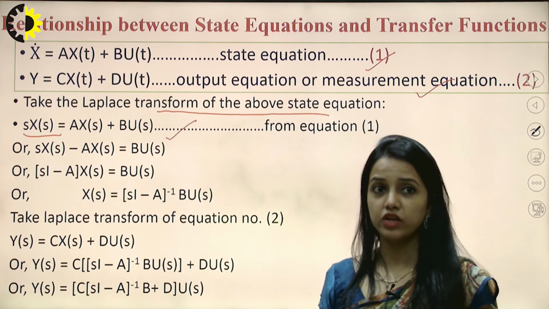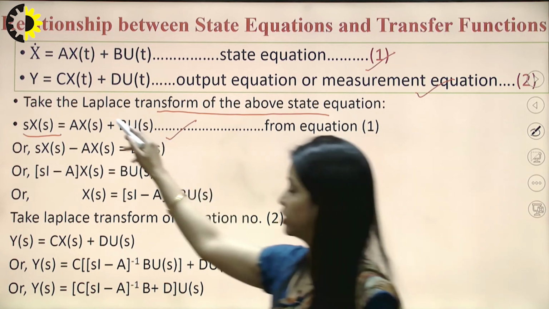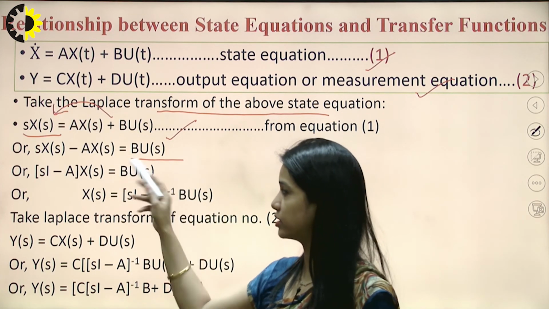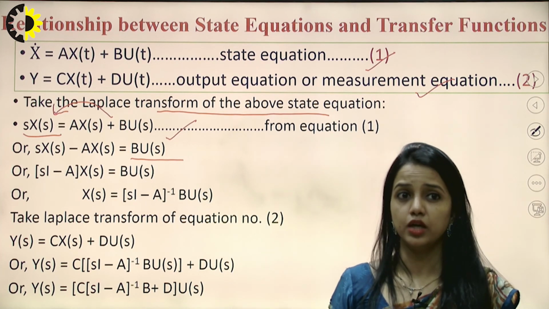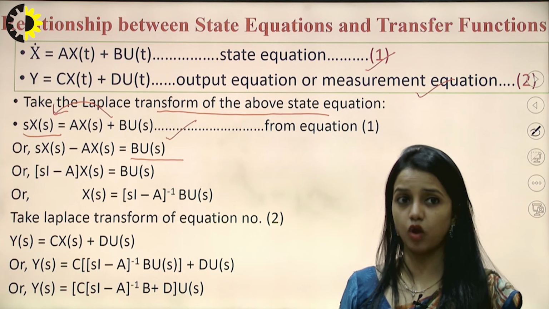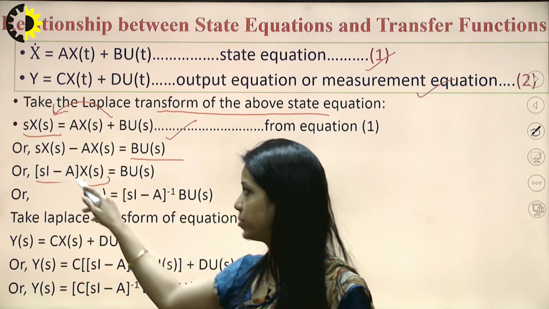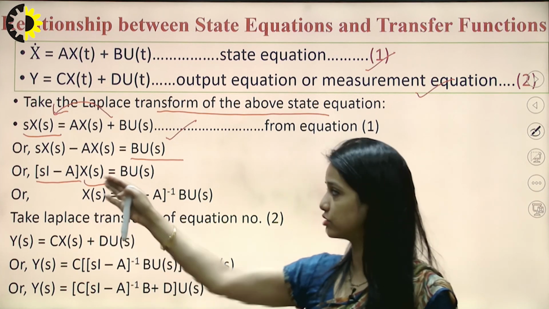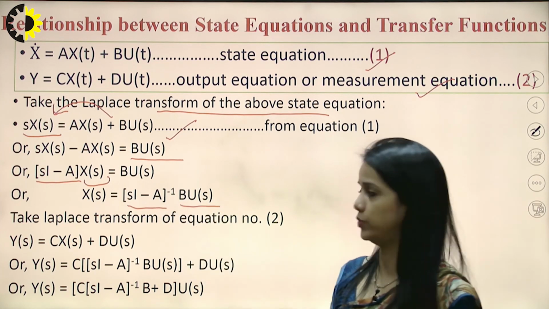Now we put this term on the LHS. So B U(s) will be sX(s) minus AX, and then we take X(s) common, so it will be (sI minus A). When I rewrite X(s) on the LHS, it becomes (sI minus A) inverse B U(s).